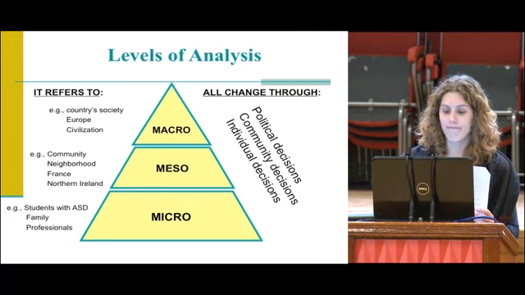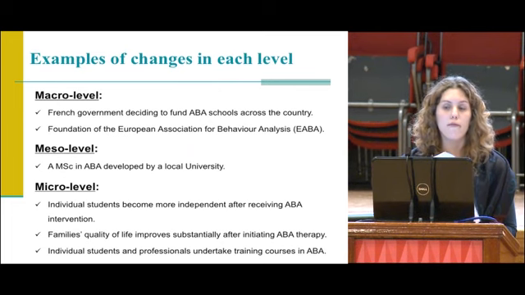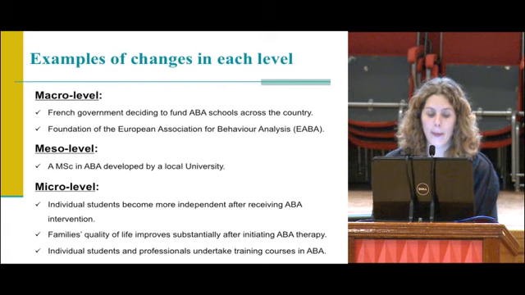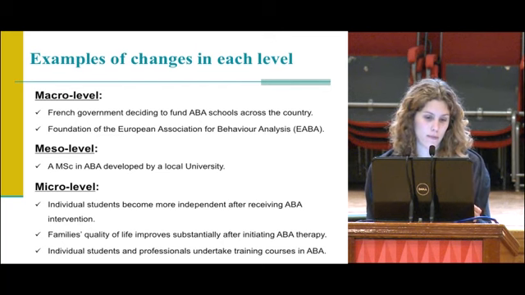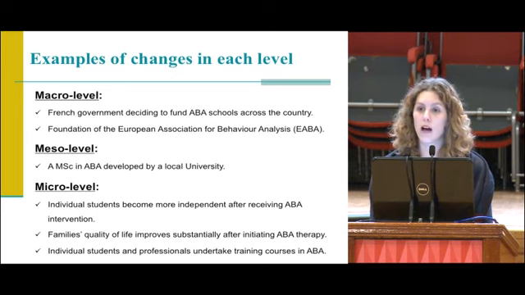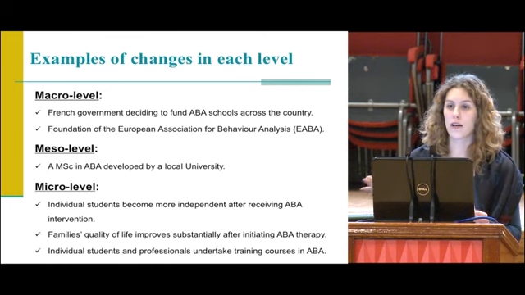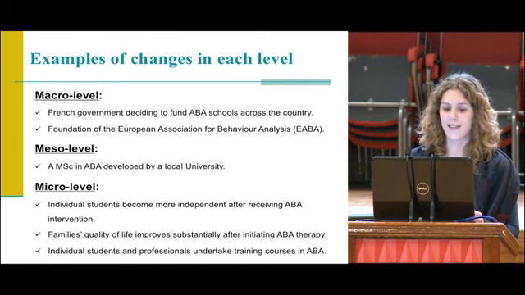So I will give some examples of real changes that have been achieved in all the 3 levels. So on the macro level, the French government decided to fund some EIBI schools across the country. So this is a change that affects the entire country and children living across all France.